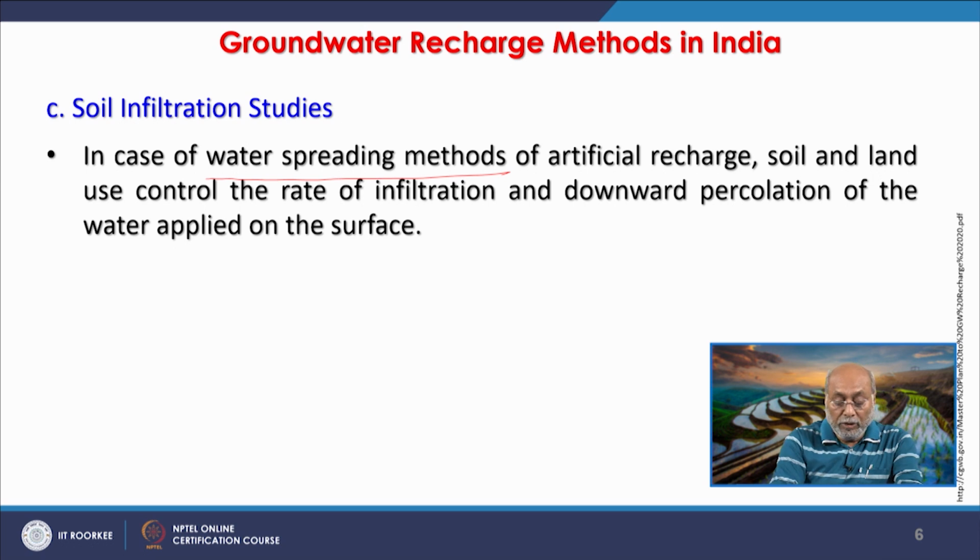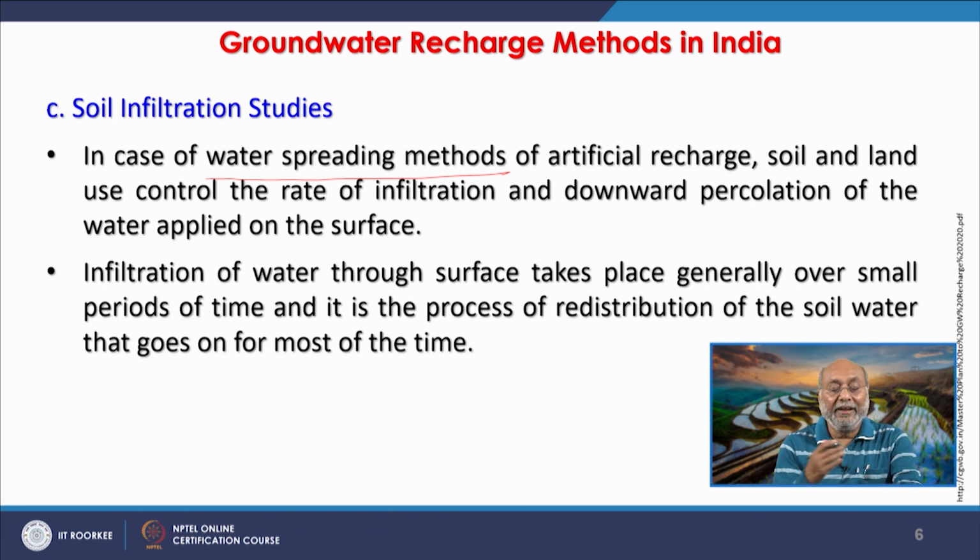And so, they control the rate of infiltration and downward percolation of the water applied to the surface. So, what kind of land use is there? Forest land is there, agricultural land is there, what kind of soils are there? All this information is required, because it is going to influence our soil infiltration and ultimately our results related to groundwater recharge.